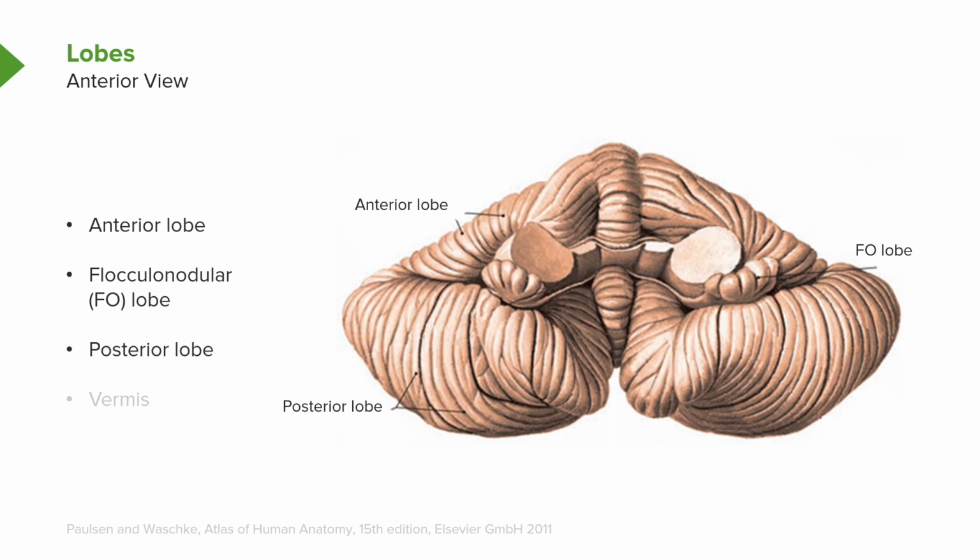The large posterior lobes are shown here and over here. And then a division between the lobes in the midline is this structure referred to as the vermis. And that extends here as well.